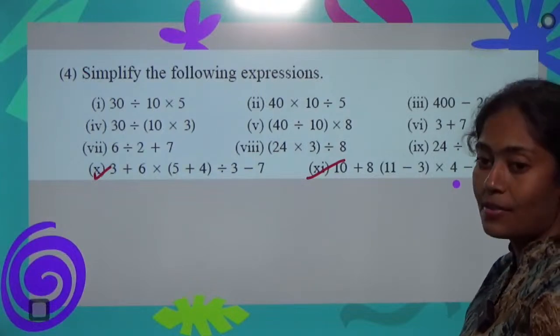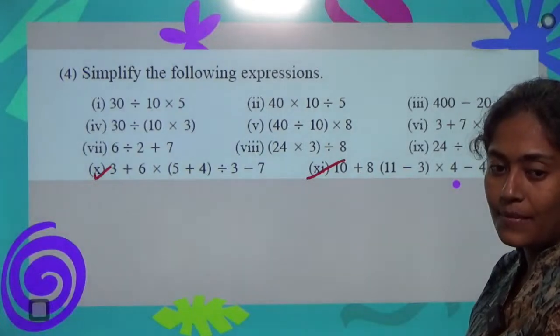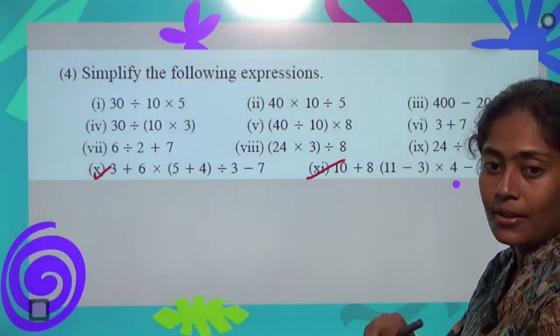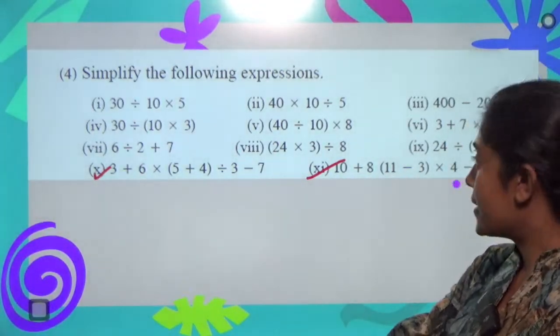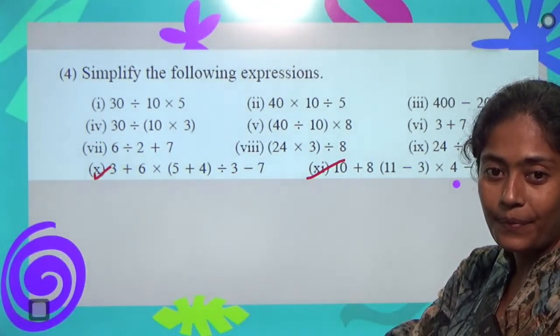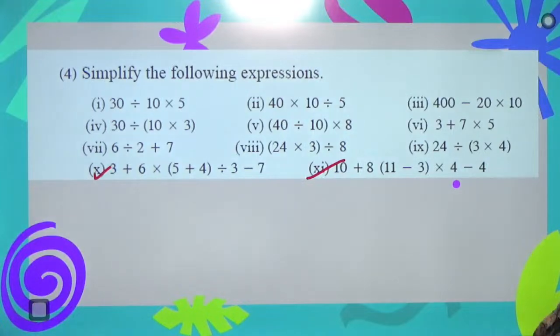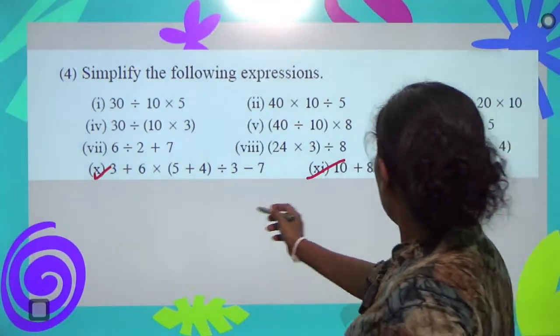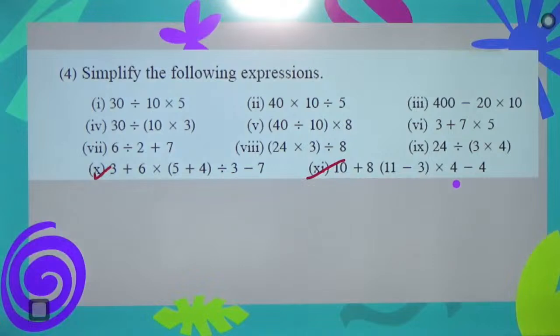Remaining I will give as homework, because the same thing we have learned in the prior exercise also, we have done same questions like that, no? These two are some bit long expressions, that's why I took those. Okay, all right.